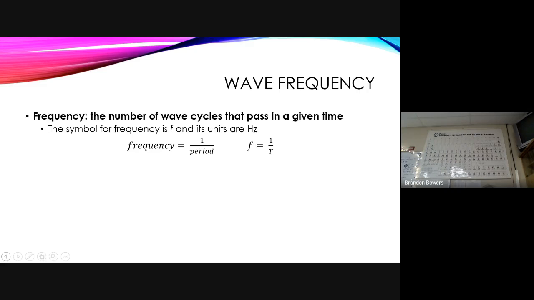All right, now this is our equation. Frequency is equal to 1 over the period. So they're kind of like opposites? Yeah, actually, that's pretty good. So frequency is 1 over the period.